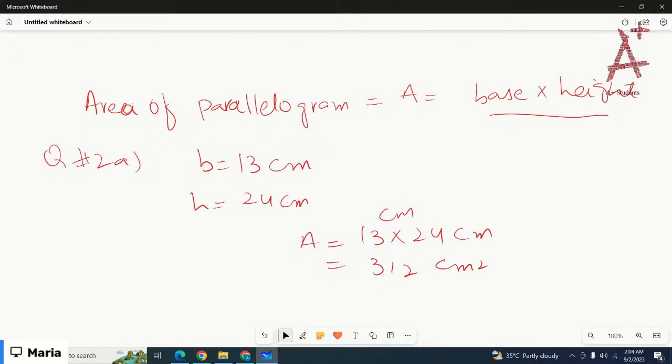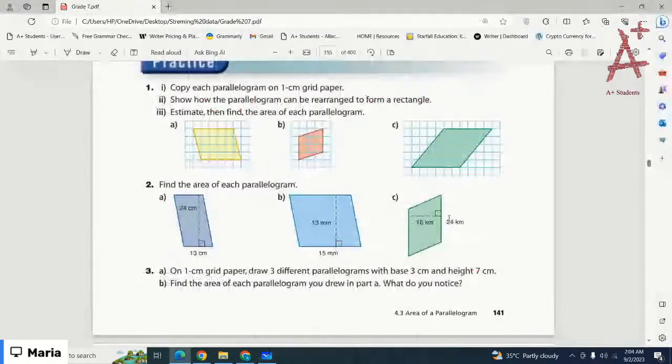Okay, for B and C you have to do the same. For B, the base is 15 millimeter and the height is 13 millimeter. For C, the base is 24 and the height is 16 kilometer, right? This one is the base and this one is the height.